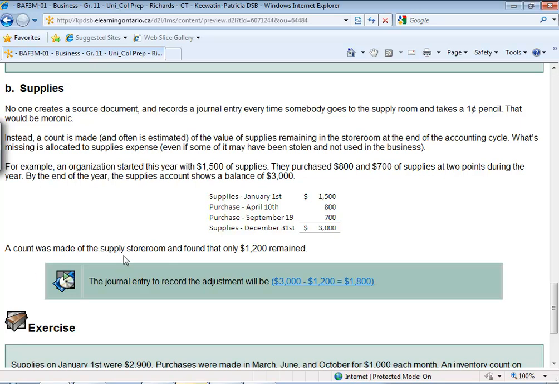Let's say a count was made of the supply storeroom, and you estimate that about $1,200 worth has remained. So 3,000 minus 1,200 is 1,800, and that's how much has been used during the year in supplies.